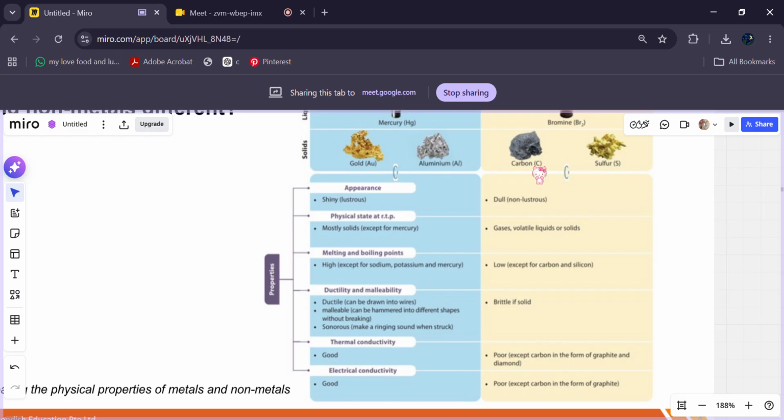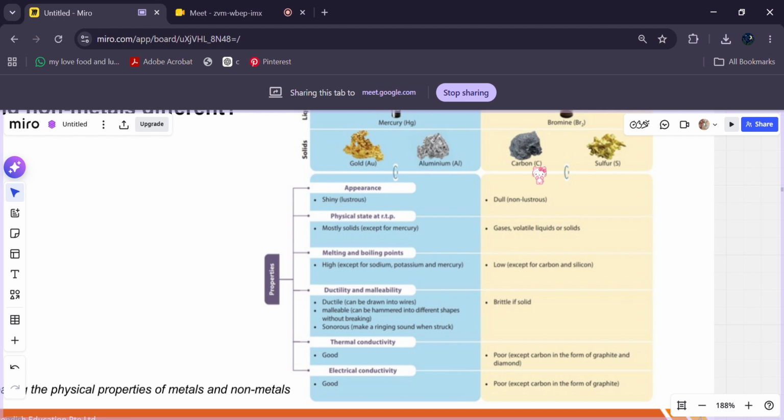Metals also have good thermal conductivity and good electrical conductivity. However, non-metals have poor thermal conductivity, except for carbon, and poor electrical conductivity, except for carbon as well.